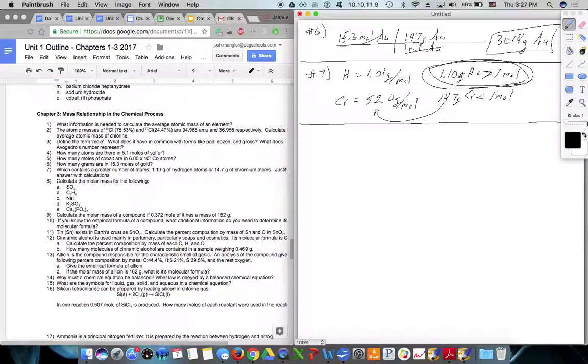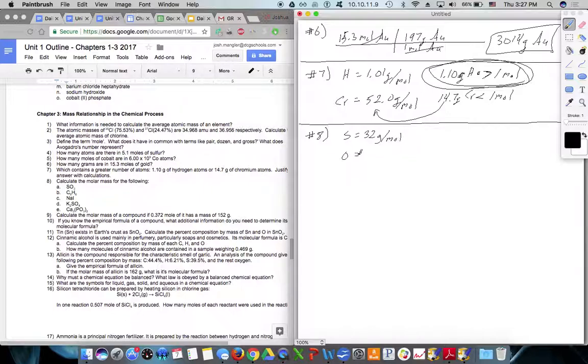All right. Number 8, molecular mass. These are straightforward as long as you know what molecular mass means, and that's going to be the sum of all the different pieces. So we have sulfur, which is 32 grams per mole.